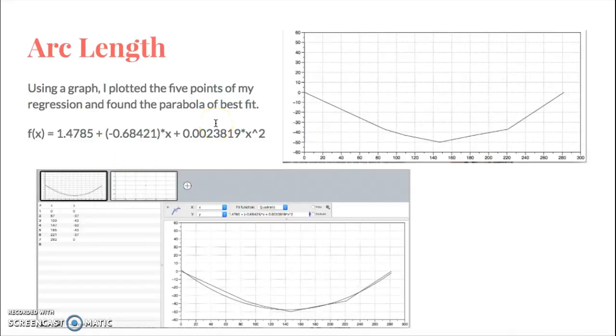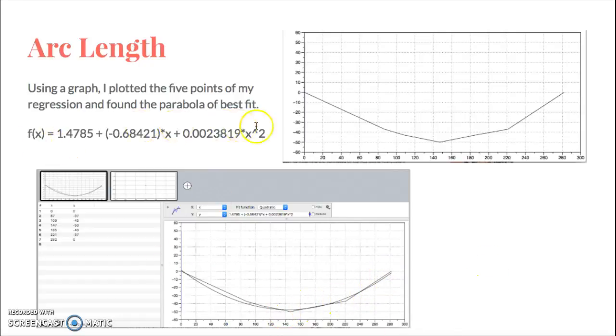So using a graph app, I'm not really sure what the name of it was, but I used that to plot the 5 points that I mentioned previously of my curved length, and then I found the parabola of best fit. So here is the parabola itself. And then the parabola of best fit is measured right here.